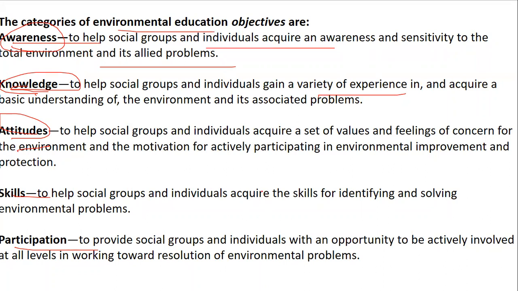Skills are those required for identifying the problems and sorting them out, and participation leads to active involvement in order to resolve environmental problems. This is an important topic of your syllabus and you should be aware of it.